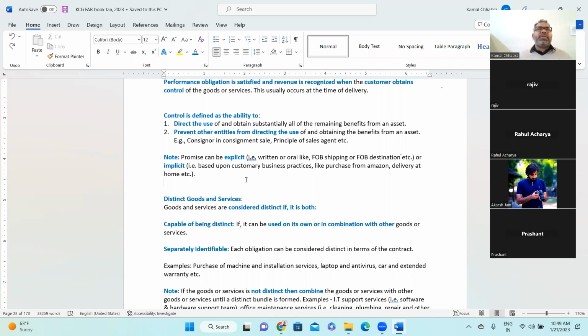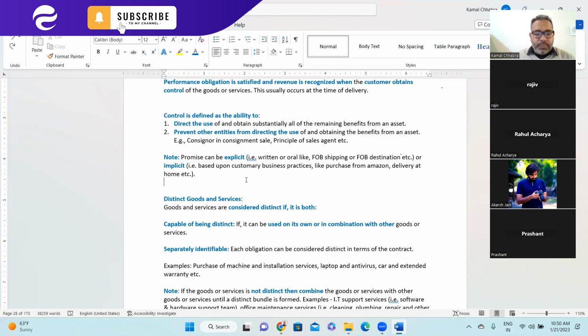So the principal is the owner of the goods who holds the inventory risk and credit risk, right? Whereas the agent neither holds inventory risk nor credit risk, nor does he have the authority to decide the pricing, right? So an agent generally gets the commission.